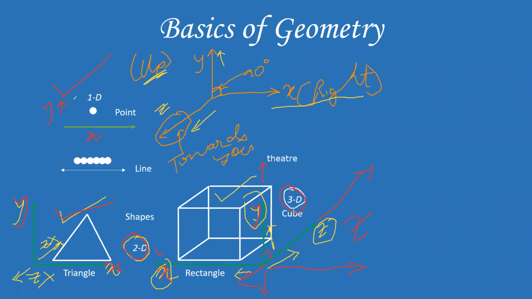It is a very complex topic, 1D, but don't worry. So this point is only there. There is no direction to it. So basically it only goes to X, or let's say it only goes to Y, but it doesn't go to both. So it is 1D.